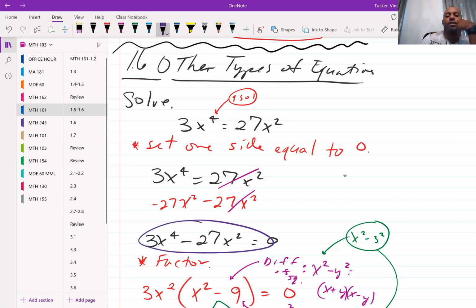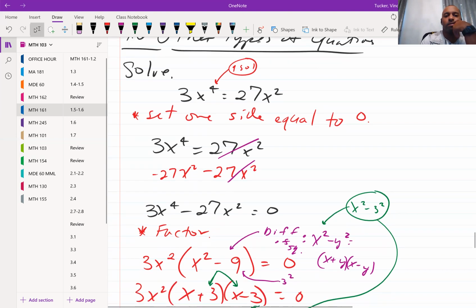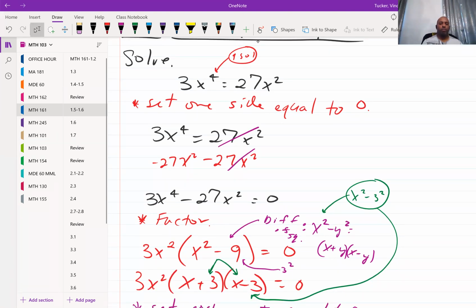That puts us here: 3x to the fourth minus 27x squared. And we will look to factor.